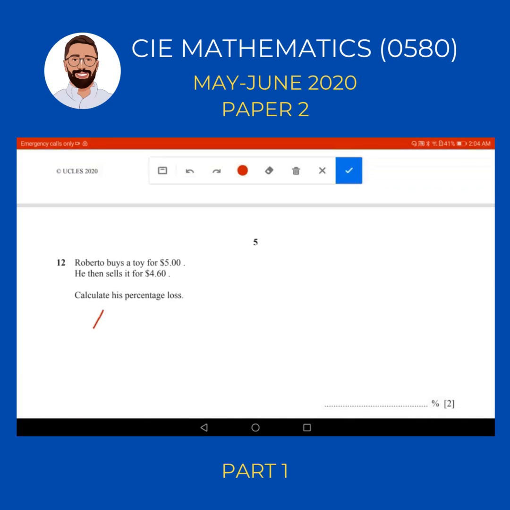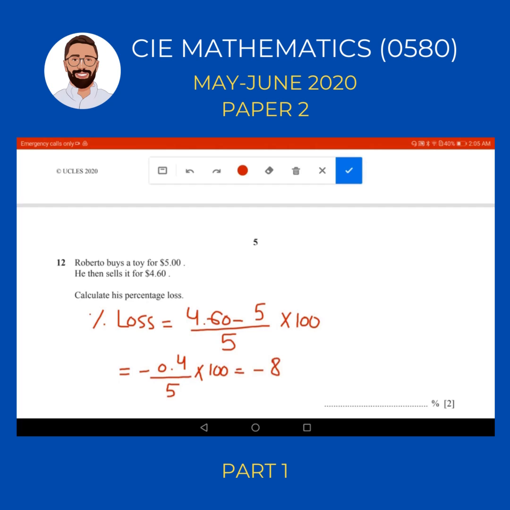So the percentage loss is the final price, which is the selling price, 4.6, minus the old price, which is the cost price, 5, divided by the old price, which is 5, times 100. So this is equal to 4.6 minus 5 is negative 0.4, divided by 5 times 100, and the answer is negative 8.